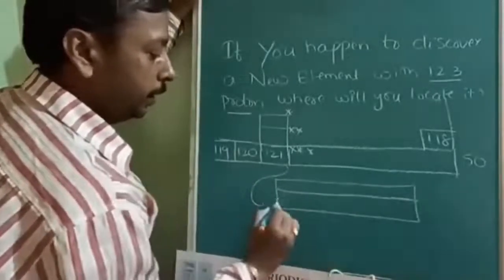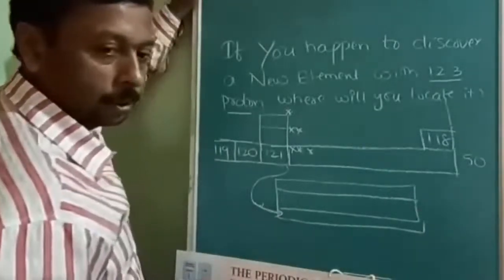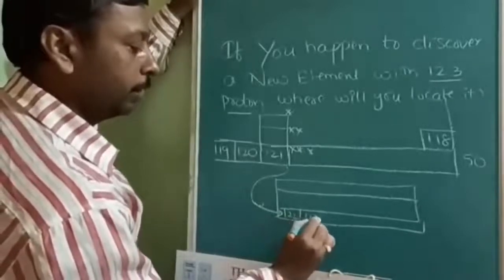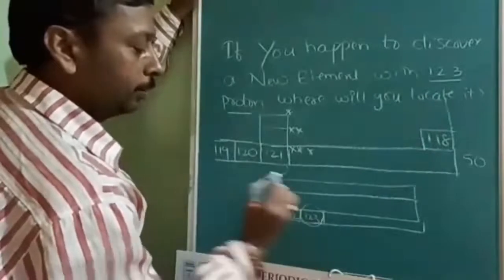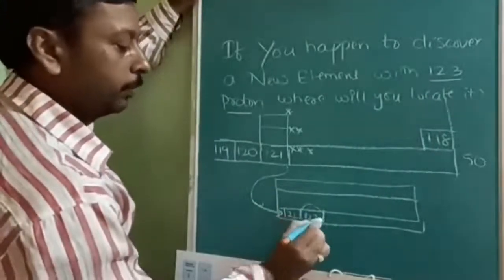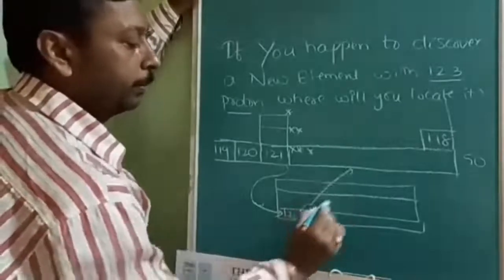This is lanthanide, this is actinide, and here we will come. So this will be 122, this will be 123. This is the location of 1, 2, 3.